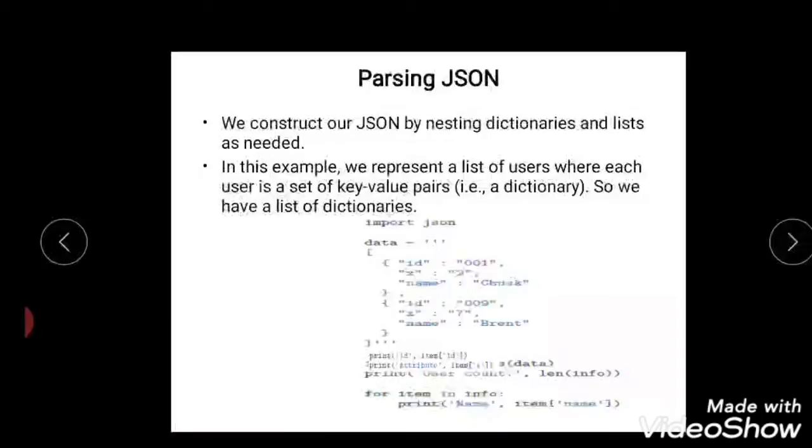And now let's compare this to the equivalent XML data. Here we are getting a result of JSON key value pairs, and when comparing to this XML, it is a little bit different. And next to this data we have one more thing called json.loads.